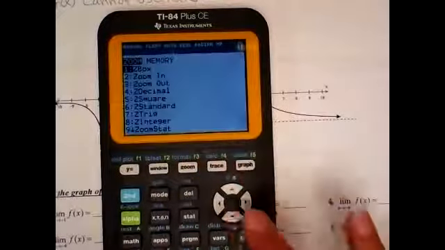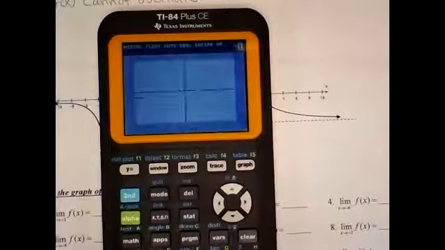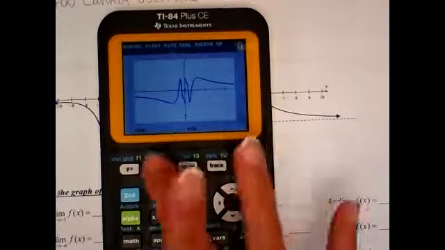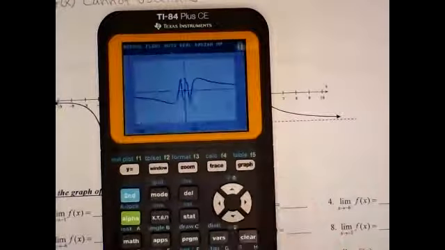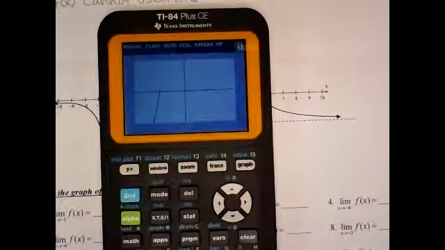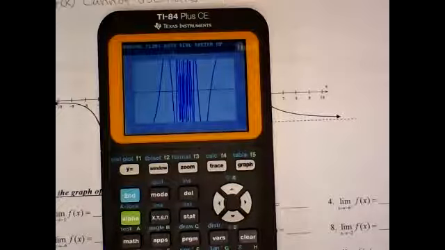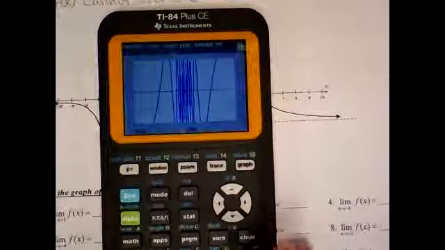Let me zoom in on it. This is kind of cool what it looks like. I'll zoom in again. What it's doing is spazzing out right at 0. And if you zoom in any further, it'll look like a barcode. There's no overall behavior there at 0. The graph can't make up its mind. That's called oscillating. So you won't get a limit.